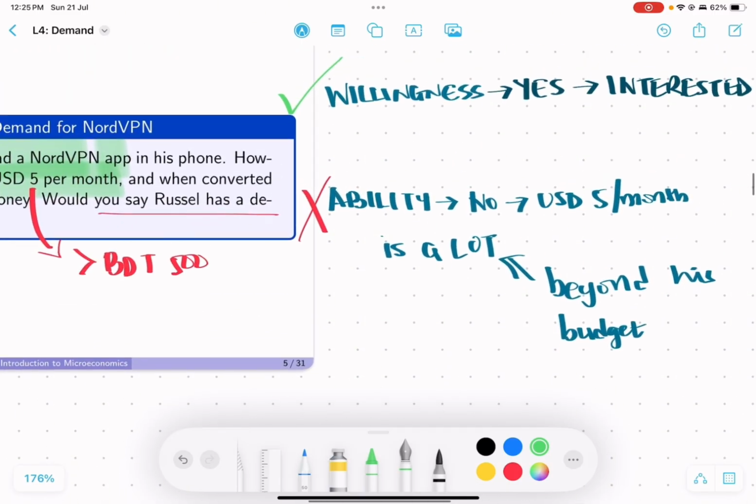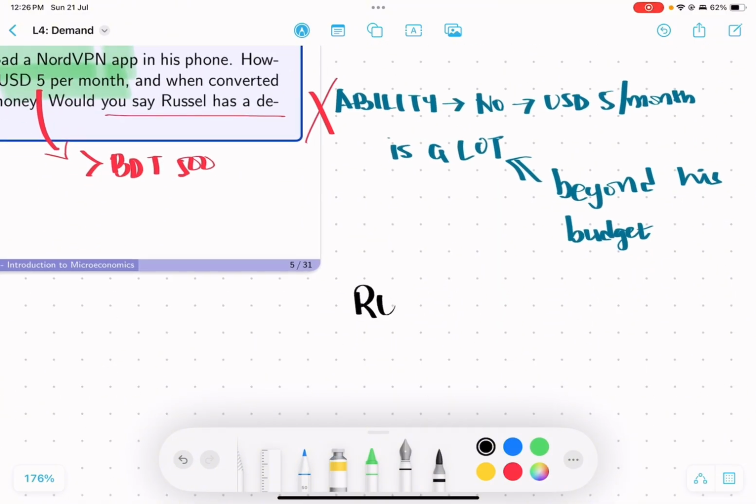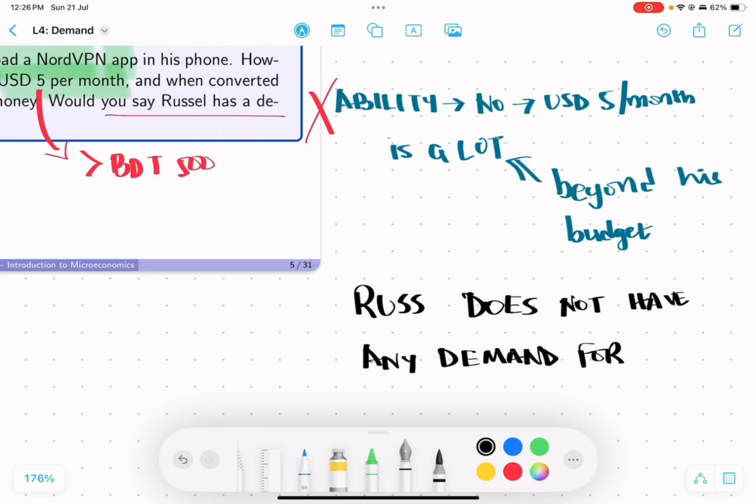But because you need to have both in order to have demand, we come to the conclusion that Russ does not have any demand for the NordVPN app at $5 per month, at this given point in time.